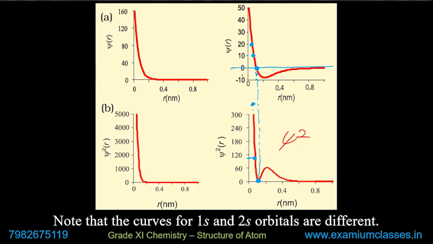After that, if it is say -5 here, -5 whole square will be 25. Means it will be positive. Hence, it will further start increasing. So after zero, although psi goes in the negative direction, the psi square will go in the positive direction.